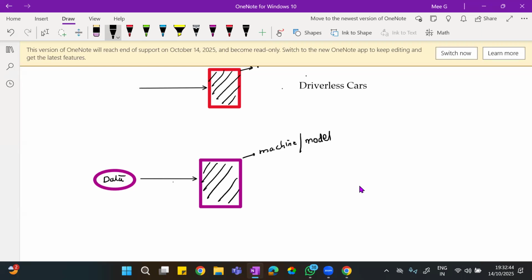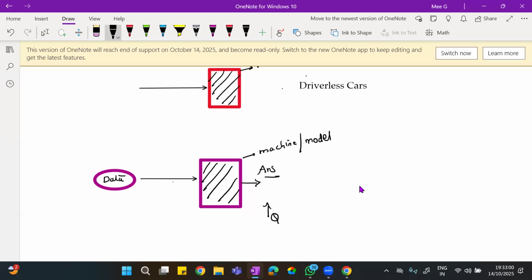How intelligent it becomes: if you ask a question on this data, it will start giving you the answer on this data.